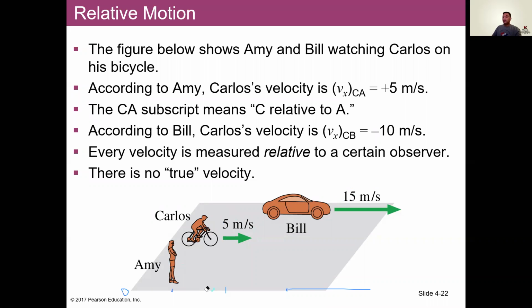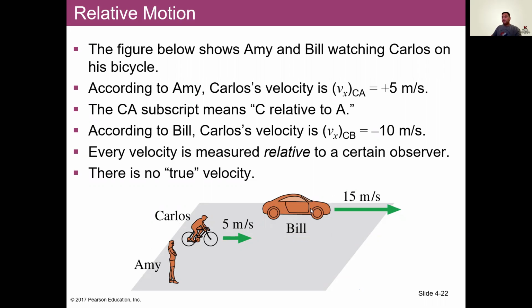We are now interested to know the velocities of these guys with respect to each other, okay? So how Carlos is going to perceive the motion of Amy or the motion of Bill.